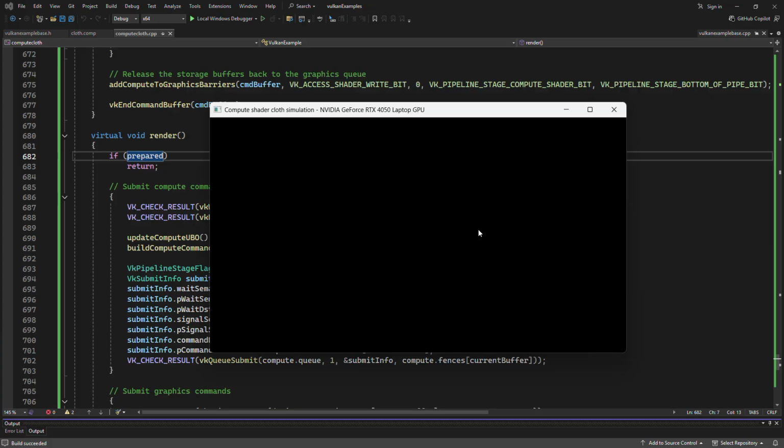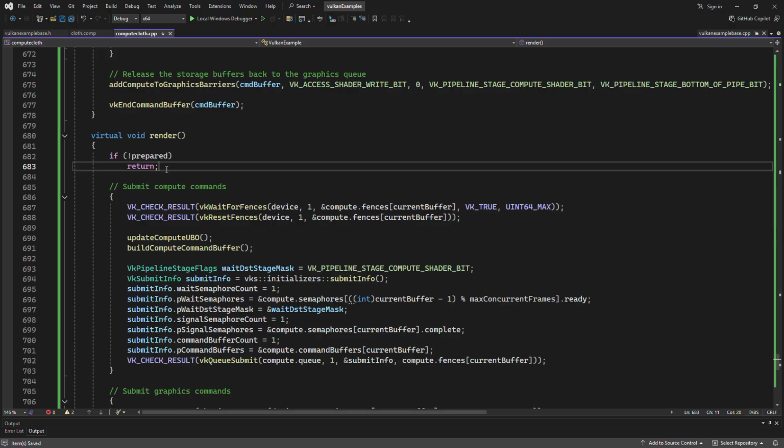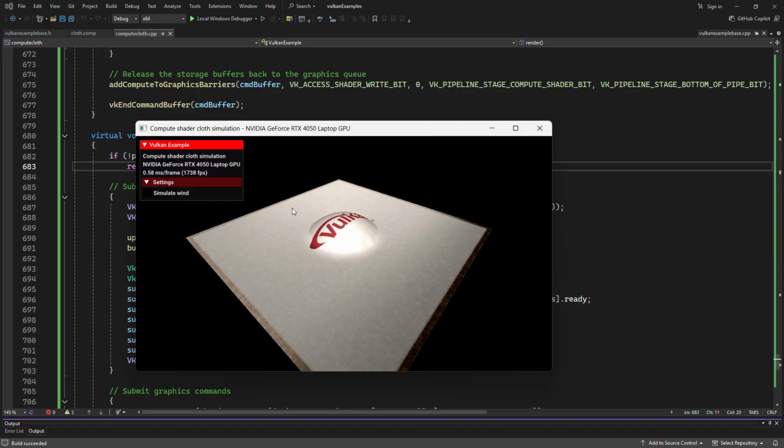It runs, I don't get any errors, but I get a blank screen, and that makes sense because we basically just returned, right? When we call render, it returns, right? But then it's prepared, so it's not going to return, and it's actually going to give us the renderings, right?